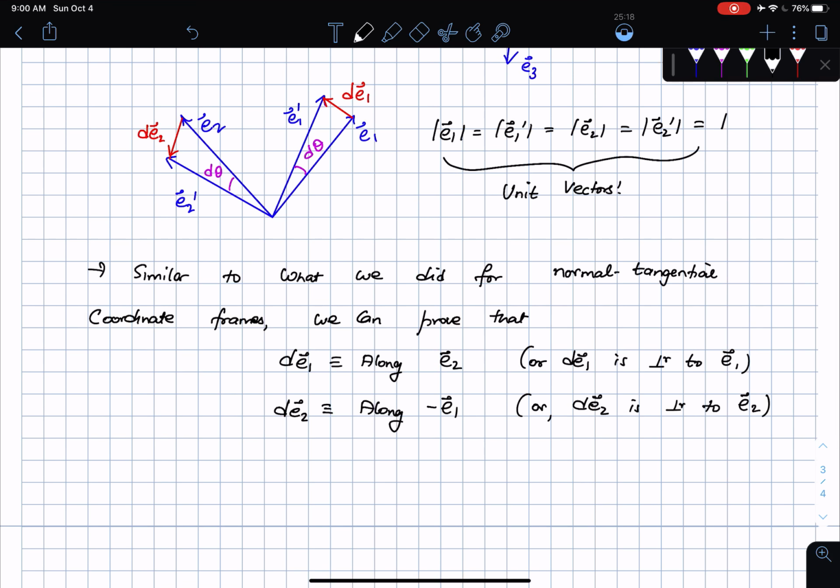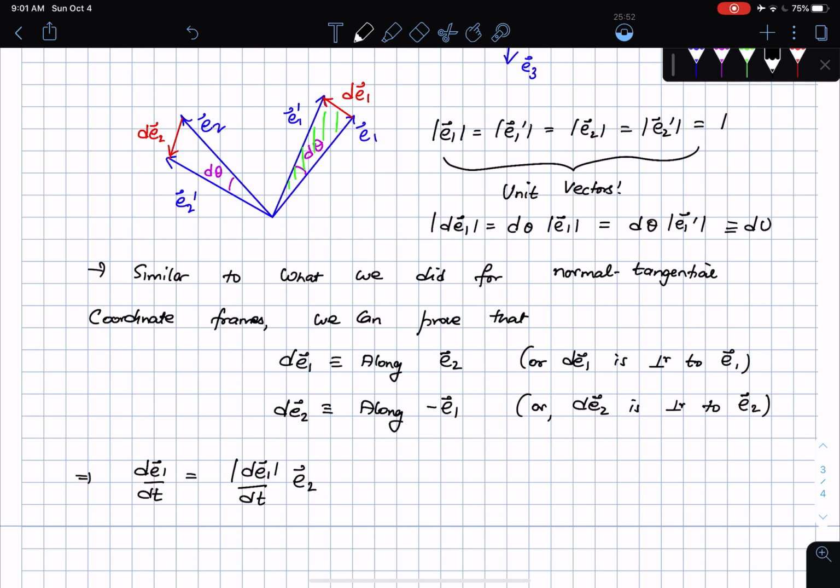Okay, and then likewise dE1 by dt is going to be the magnitude of dE1 by dt times the direction. So this is going to be along the E2 direction. Magnitude of dE1, if I look at the triangle here, is going to be d theta times the magnitude of any one of the unit vectors. Okay, so the magnitude of dE1 is d theta times E1, which is the same as d theta times E1 prime, which is essentially d theta.